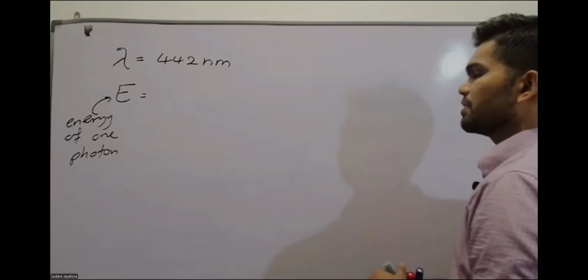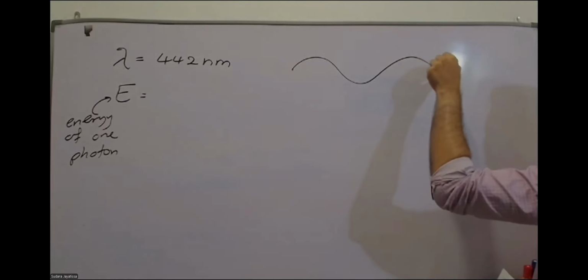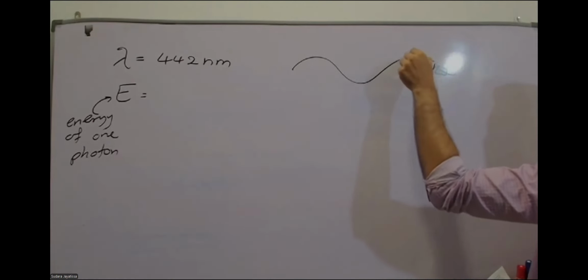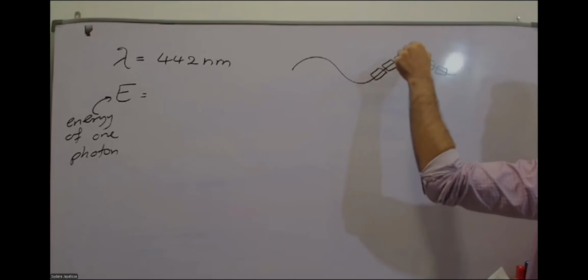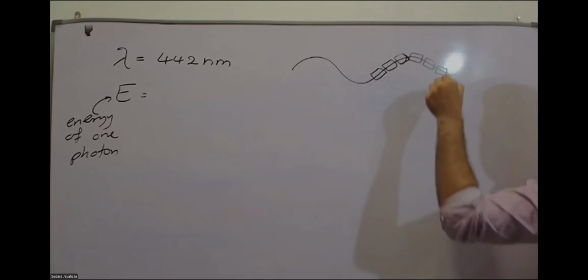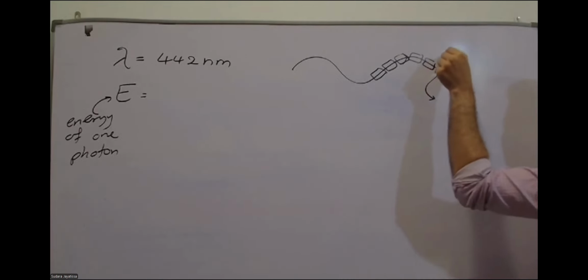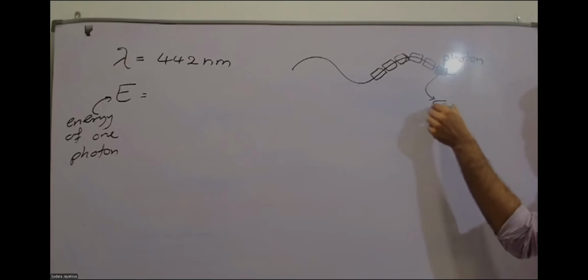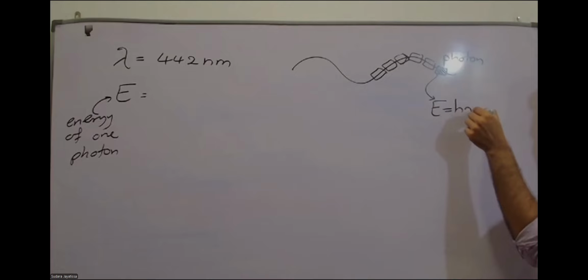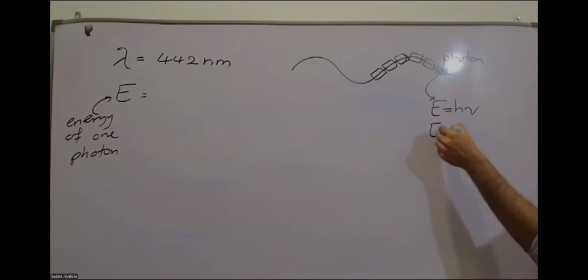Electromagnetic radiation is known as a flow of packets of energy, small energy packets flowing. The energy of 1 packet, or photon, can be found using this formula: E equals h nu, where nu is the symbol for the frequency, or you can use E equals hc over lambda.